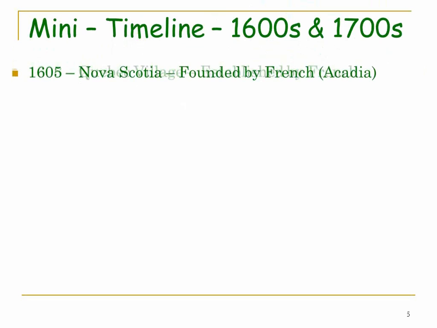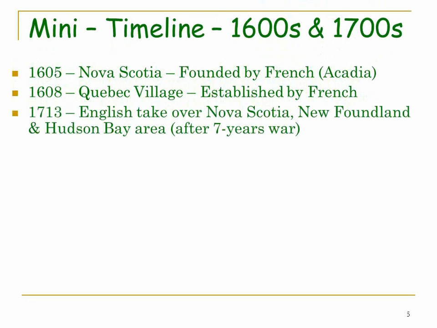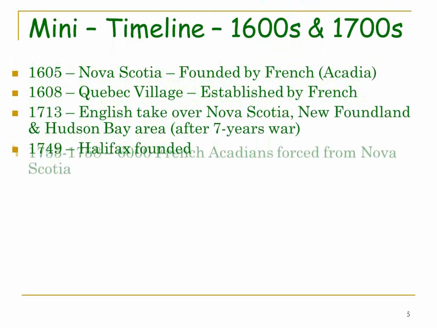Here we have Nova Scotia 1605, Quebec 1608, and then when England took over Nova Scotia and Newfoundland after the Seven Years' War, it was 1713. Then Halifax in 1749. So now when you think about that, where are the records for these time periods?